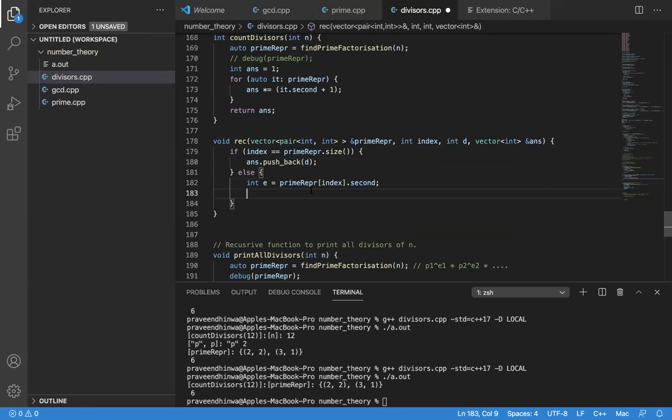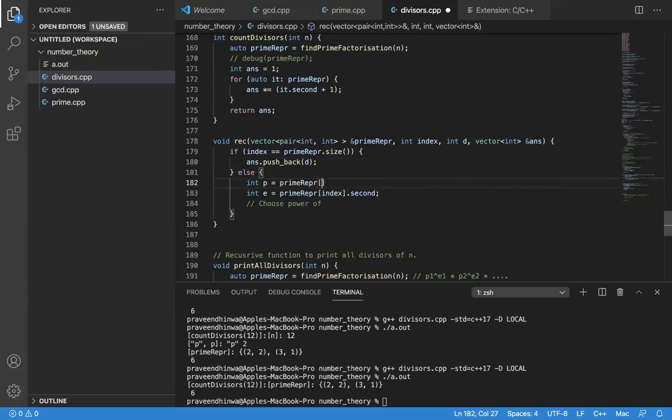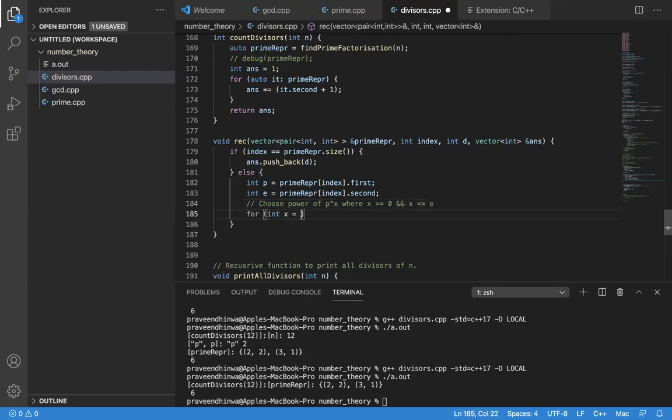Now let's call P prime rep of index dot first. I'll choose power P to the X, where X is greater than or equal to 0 and X is less than or equal to E. So for int X equal to 0, X less than or equal to E, X plus plus.